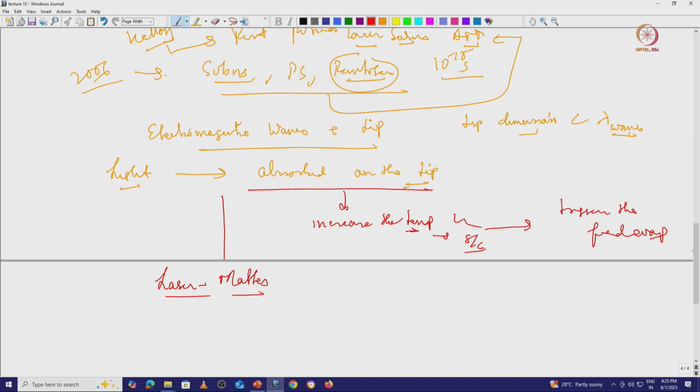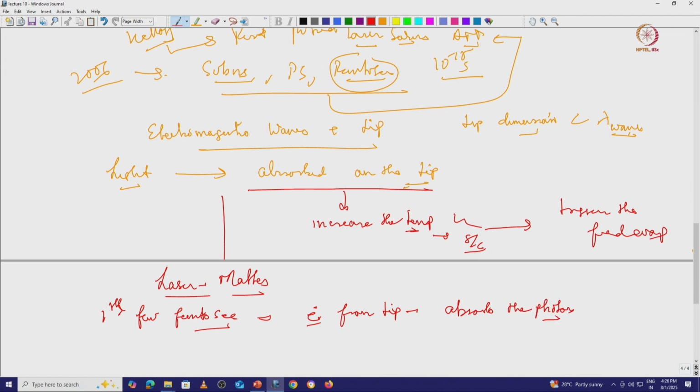In the first few femtoseconds, the photon will be absorbed by the electrons from the tip.